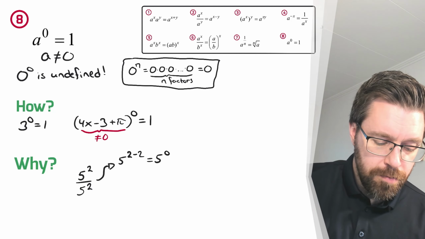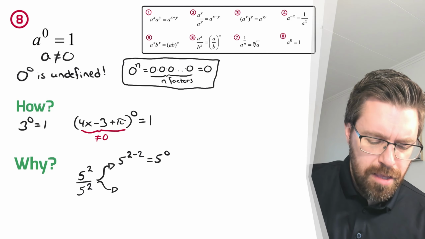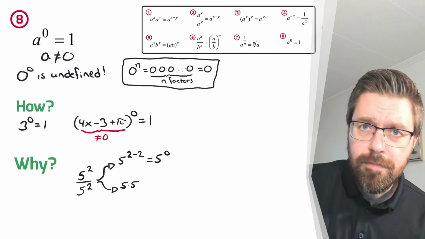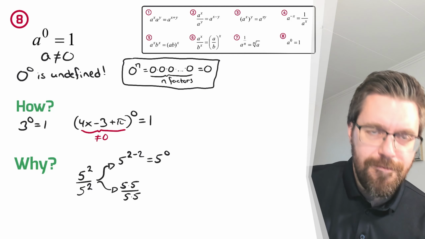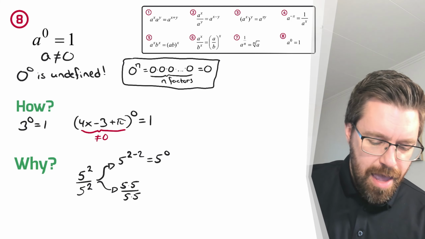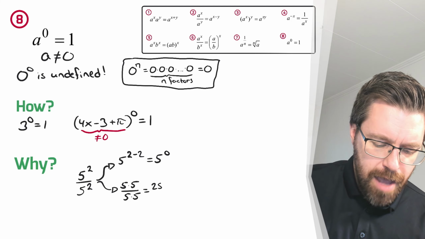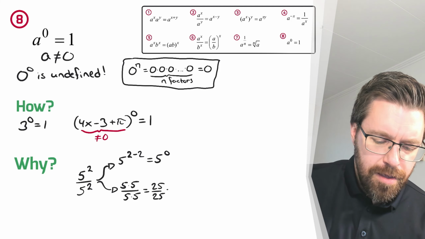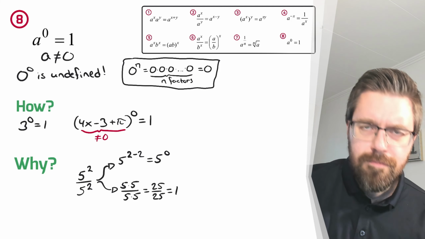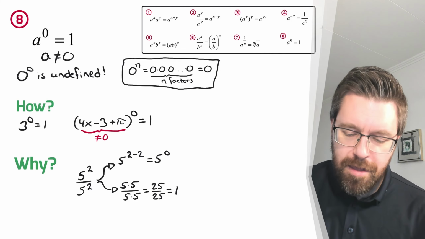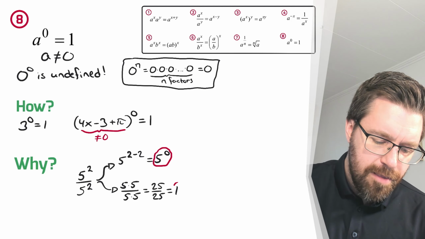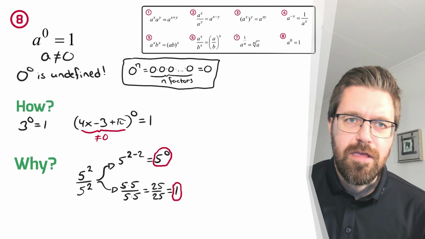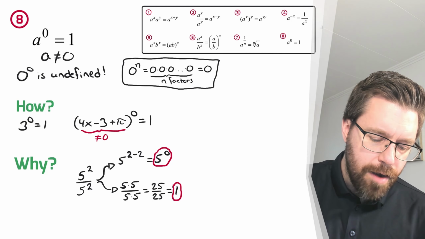But we can also argue that it equals 5 times 5 in the numerator divided by 5 times 5 in the denominator. And this equals 25 divided by 25. And this equals 1. So the answers here must mean that 5 raised by 0 equals 1.